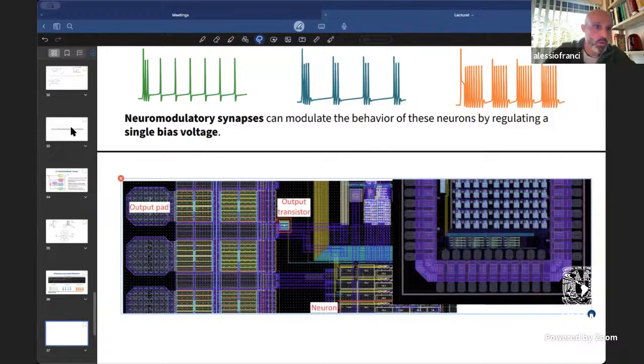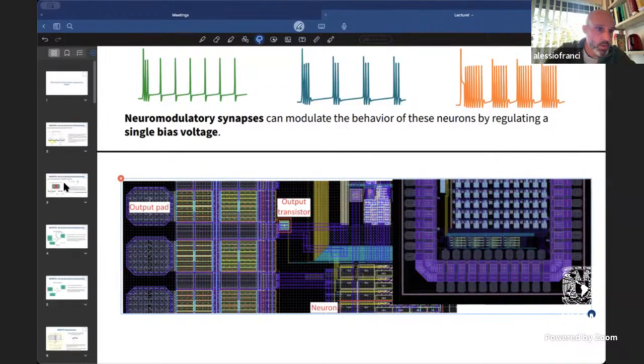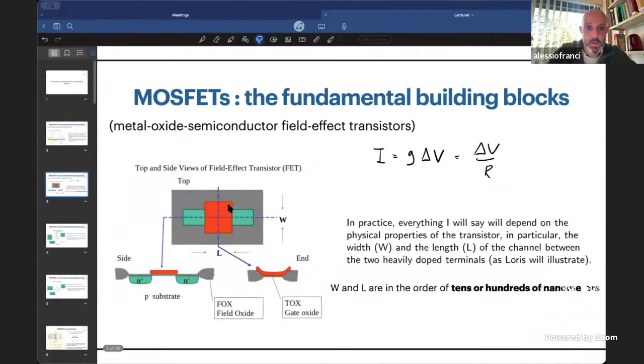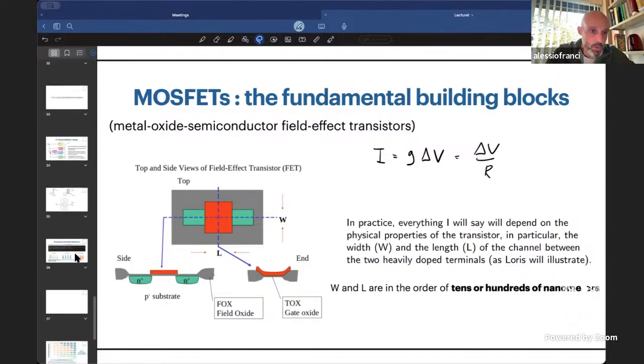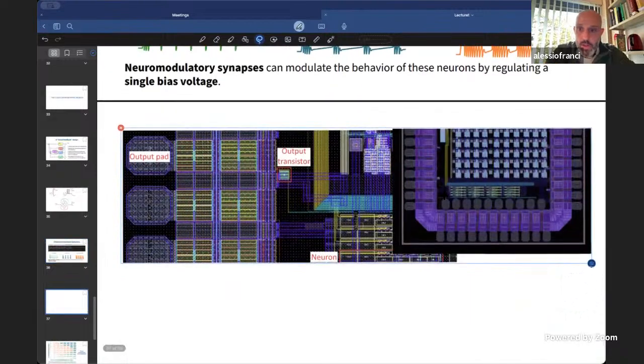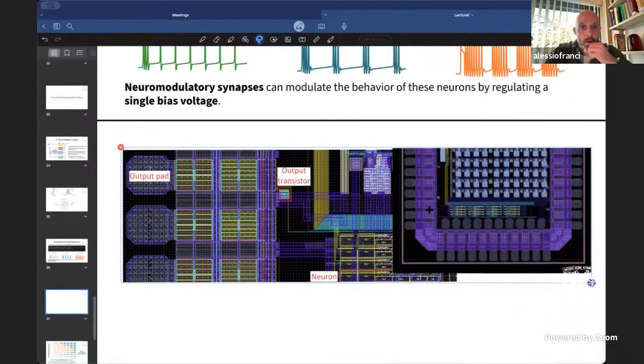And so what you are really doing, if you go back to last week's lecture, is drawing where you want your gate, where you want your drain, where you want your sources. With different colors, you indicate to the foundry where you want different semiconductor pieces, different metal wires, and so on and so forth. And you do all this inside a simulation software that tells you if you made errors, essentially.